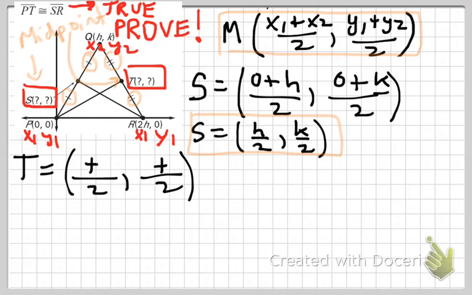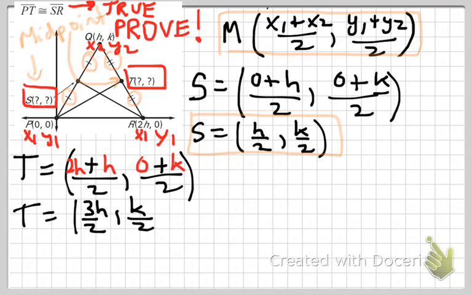So when I put them in, I'm going to get x's are 2h plus h, and y's are going to be 0 plus k. And so we end up getting T is 3 h's divided by 2, or 1.5 h's, and k divided by 2, or half k. And that is our other coordinate.